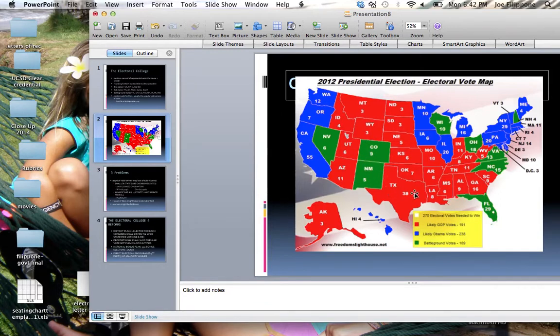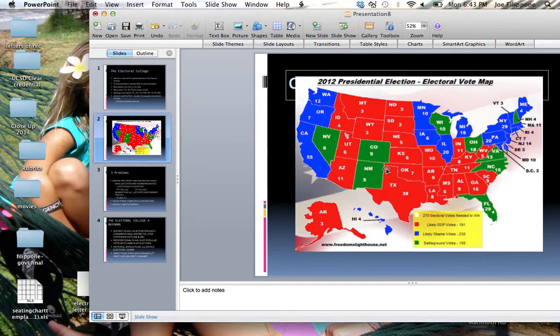And that means if the candidate wins the popular vote, then they win all of the electoral votes of that state. So if, say, Obama won California in 2012, he wins all 55 of the electoral votes.